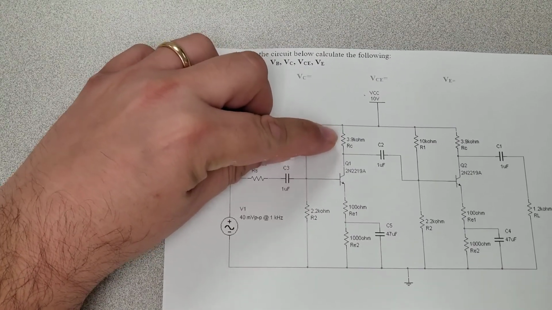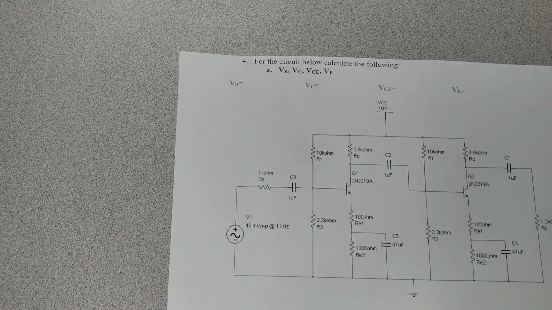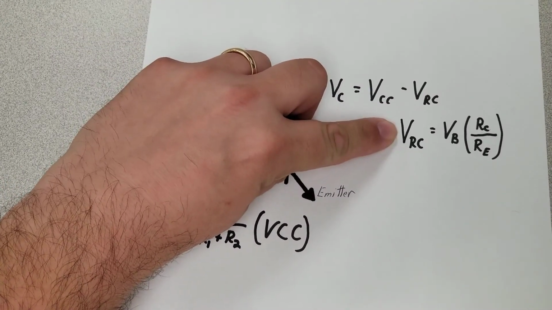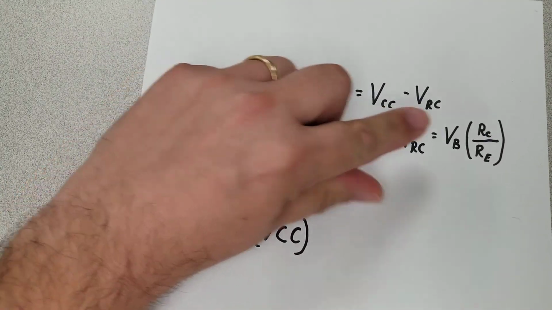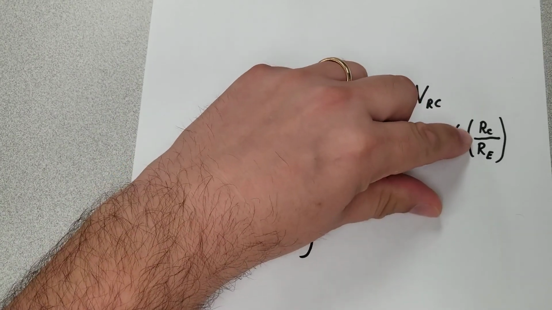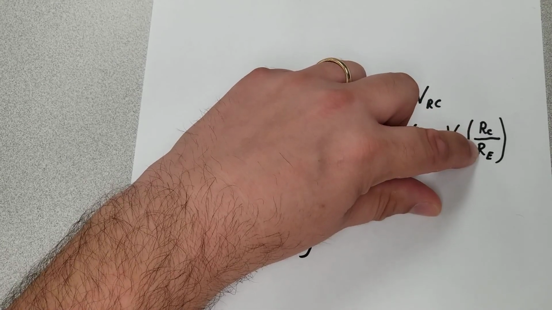What we're looking for is the voltage drop across that resistor. To find it, we need to use this formula. We take our voltage base, which we've already found, and multiply it by the resistor of the collector divided by the resistor of the emitter.